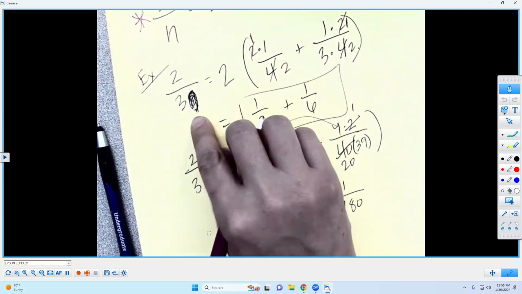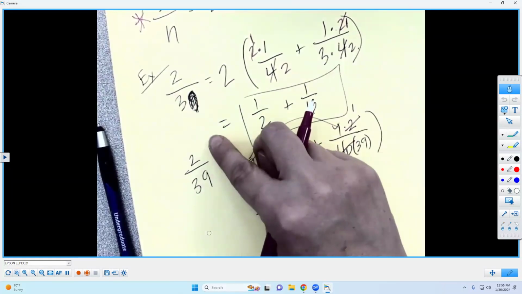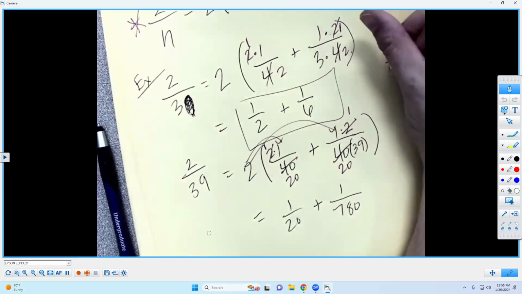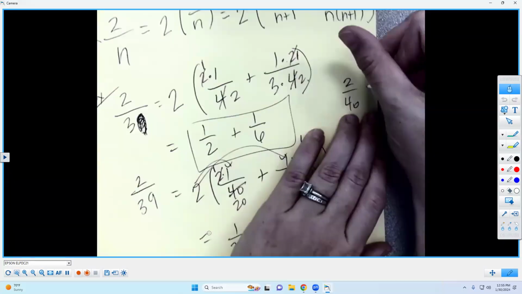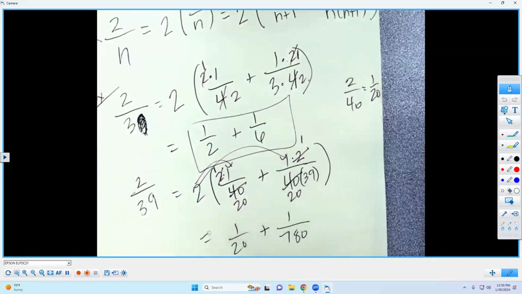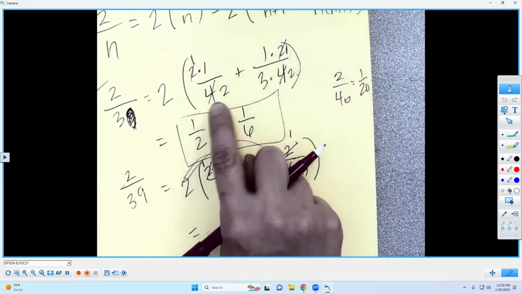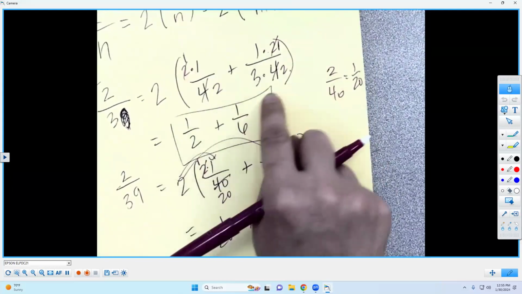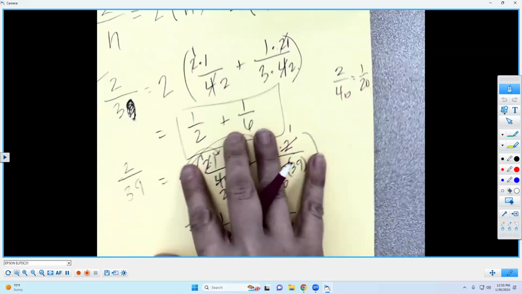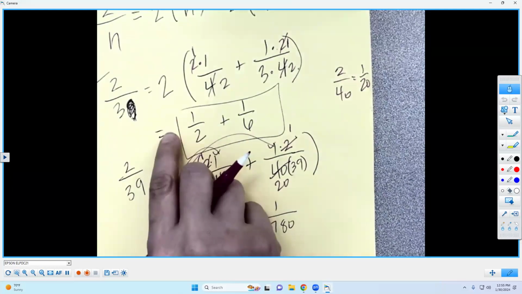If it's an even number, it reduces and it becomes a 1, right? Like 2/40 automatically reduces to 1/20. If it's an odd number, when you add 1, it becomes an even number. So you're going to have something that will reduce with the 2 on top. So this works for every version of 2 on top of the fraction.